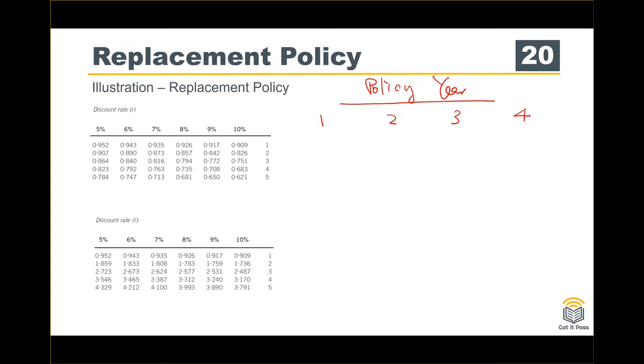Under the discount factor, year 0 is 1. Just refer to this table because I put it here.